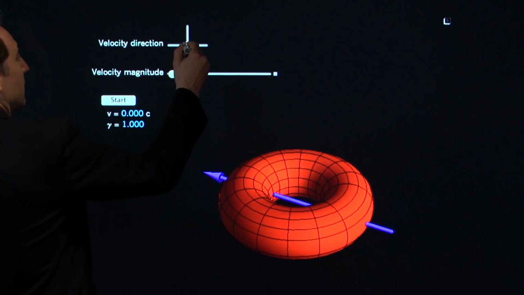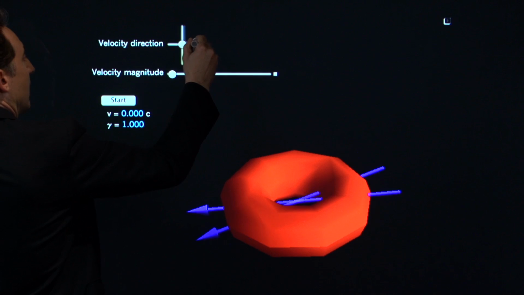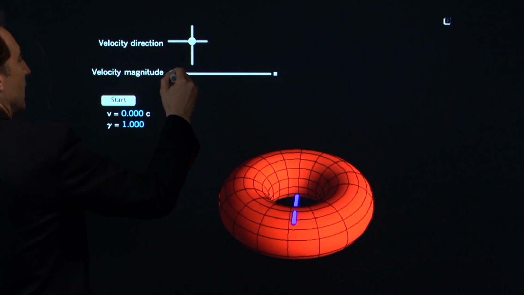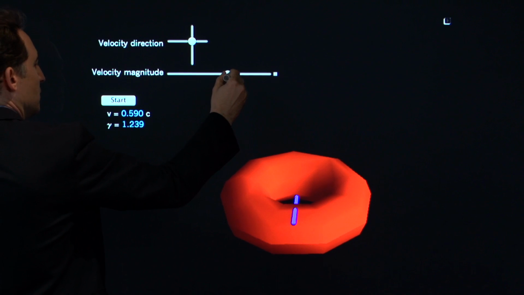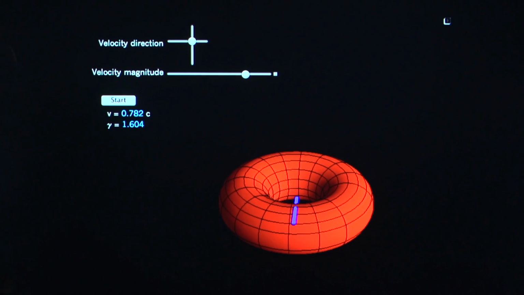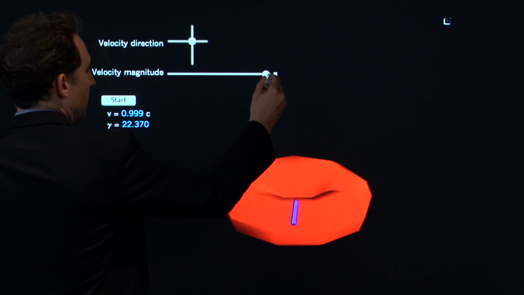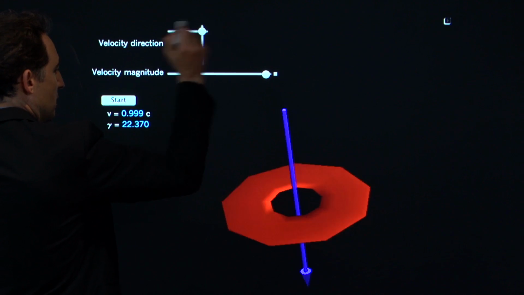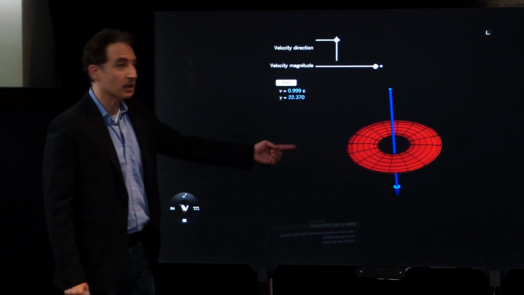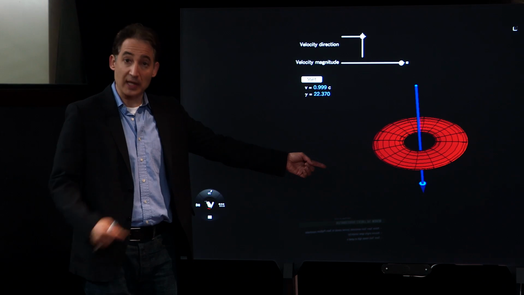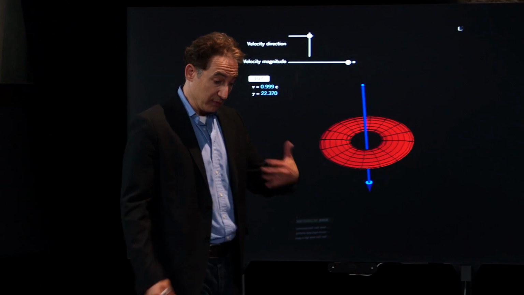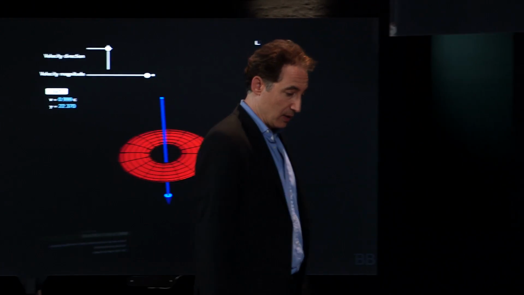You get to pick the direction that it's going to be moving by moving this around in this space, and you can pick the magnitude of it, not just its direction. By moving this around, you can see that the donut can take on a variety of interesting shapes, because the frame of reference that is moving relative to us causes the object to have a distorted look.